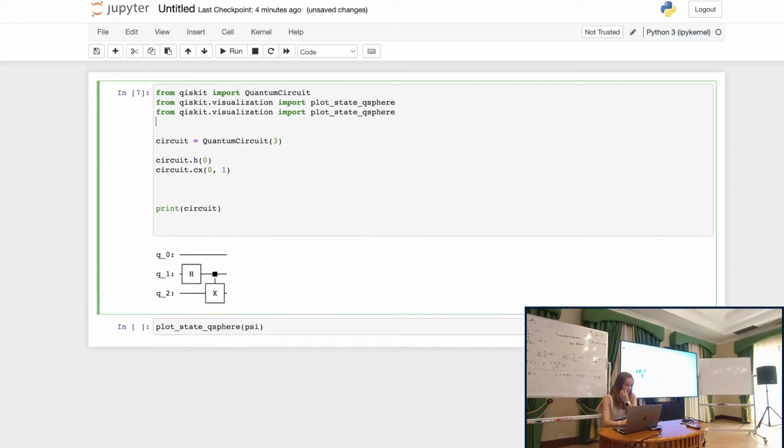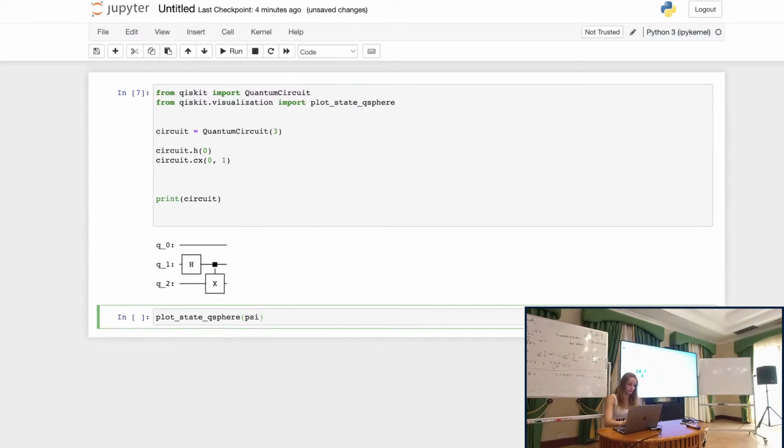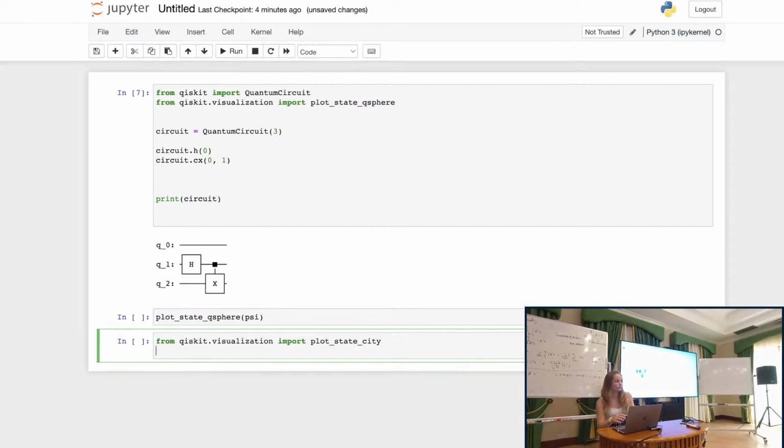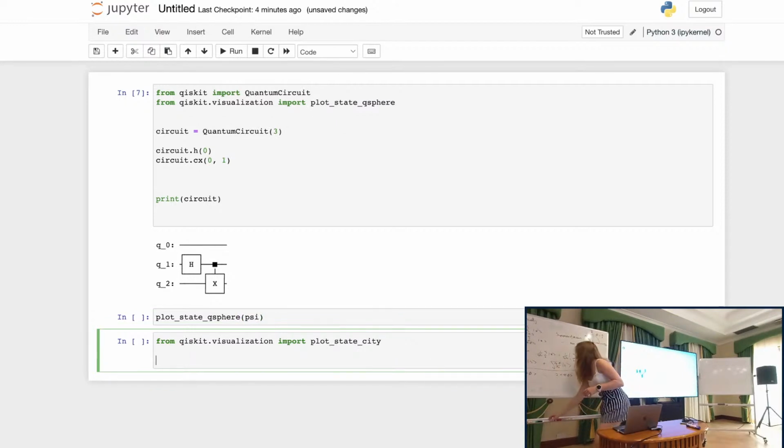The other one on the top that has 0.5 is ket 1, 1, bra 1, 1. And the ones that are negative are the ones that are ket 0, 0, bra 1, 1, and so on.